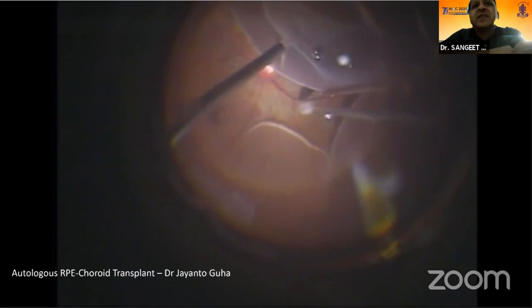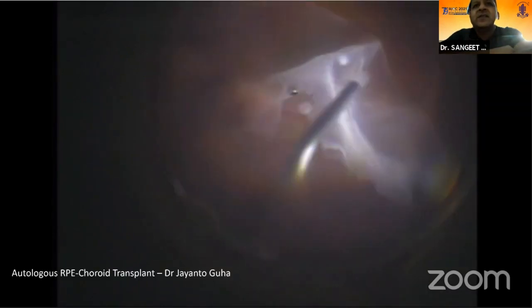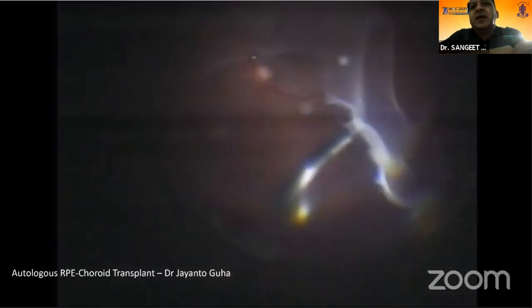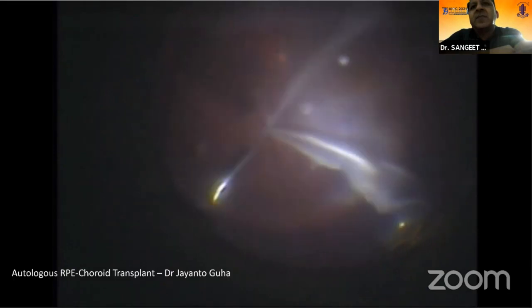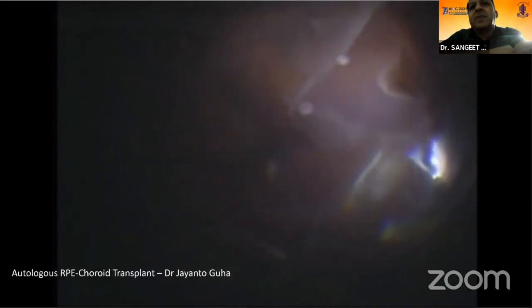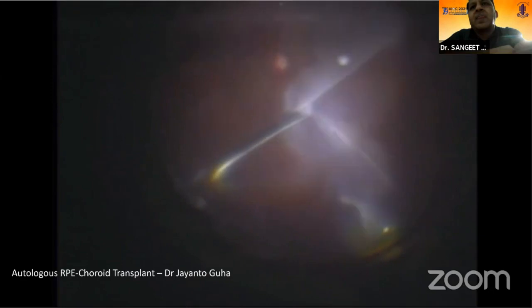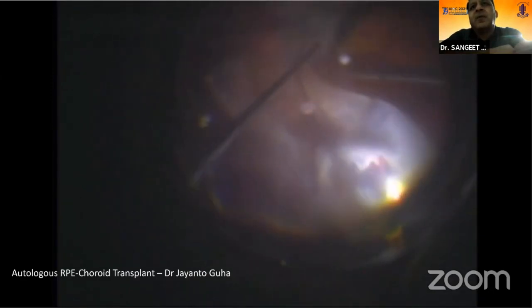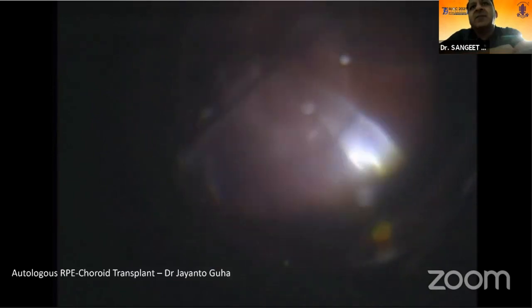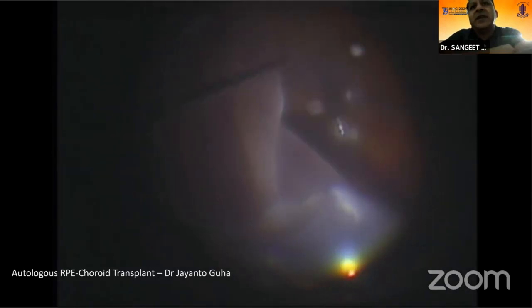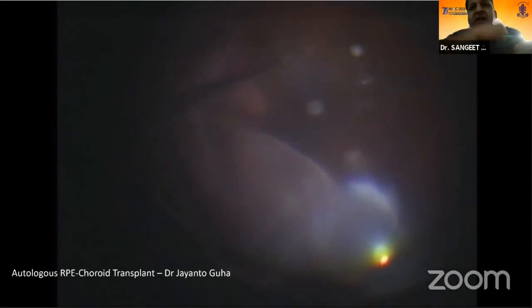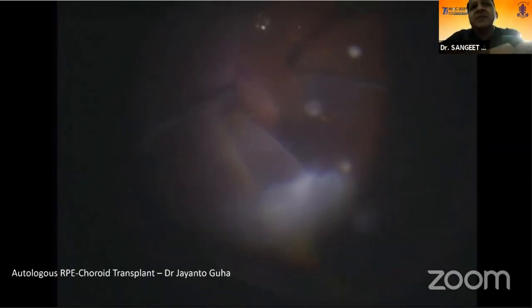So first he is just creating a retinal detachment in this case by injecting saline below the retina. So now he has created a retinectomy and he flips the retina over. Now he injects some PFCL below the retina in this place just to keep the retina flipped over and does not hamper when he creates the graft.